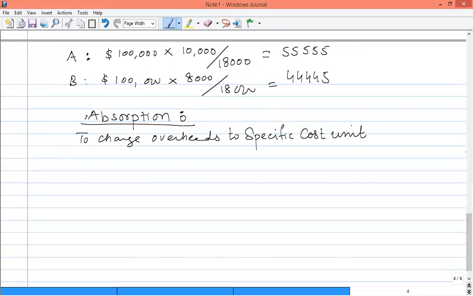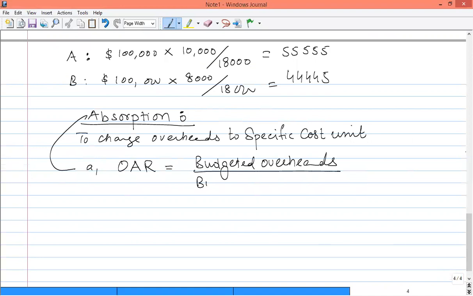This absorption process comprises of step number one, in that we will find an overhead absorption rate by using the formula that is budgeted overheads divided by the budgeted level of activity.